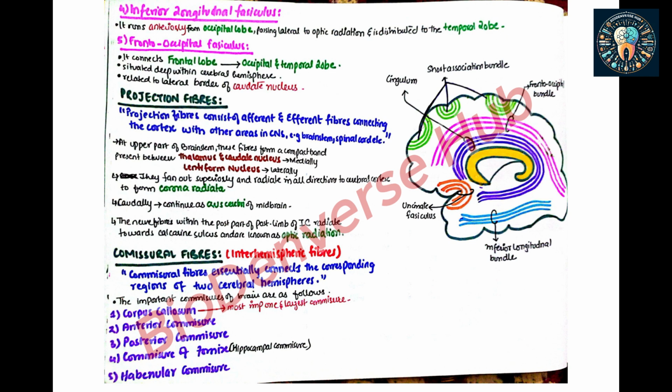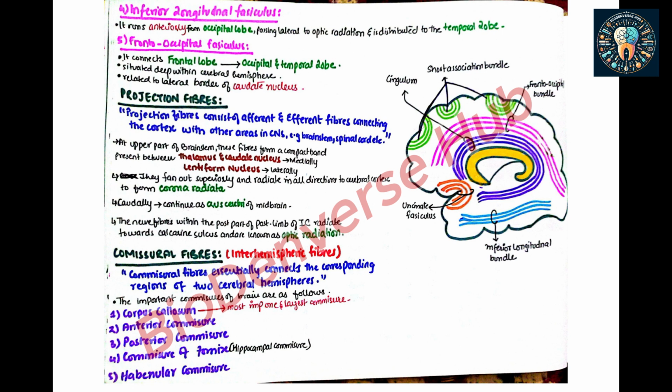So now we have discussed all the association fibers. In the diagram, the fibers outlined in green represent the short association fiber bundle. After that, we have the pink one, the fronto-occipital bundle. And after that, the purple one present in the cingulate gyrus region represents the cingulum bundle.